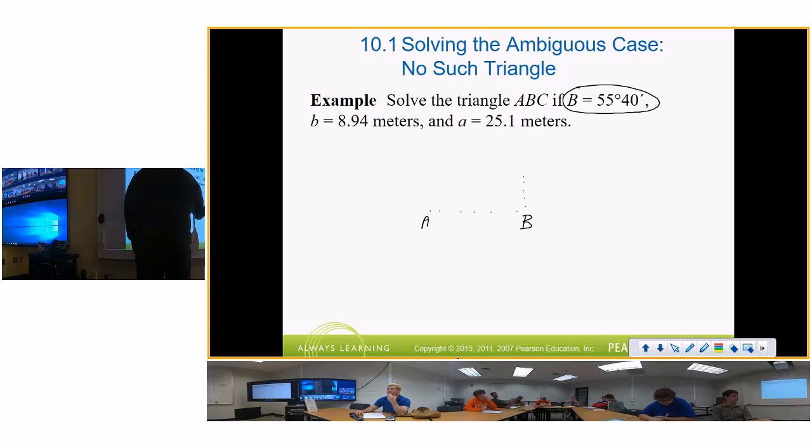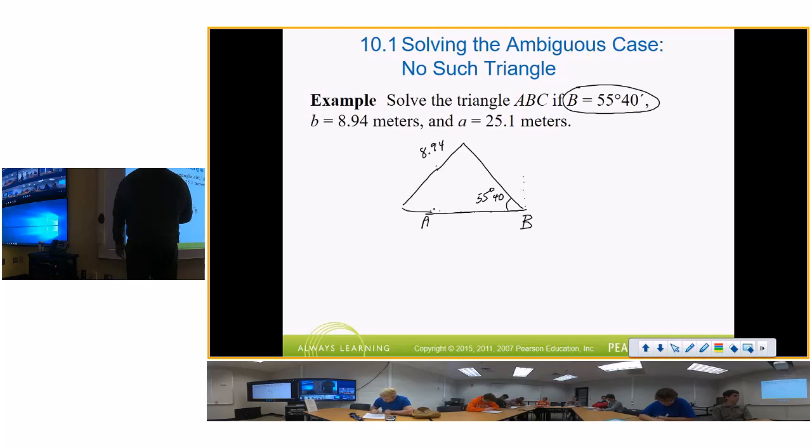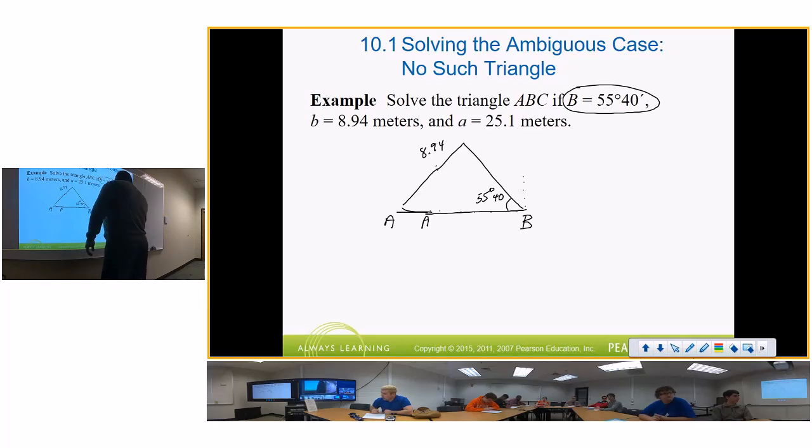So I'm going to divide that, and I'm going to call that angle right there 55°40'. And then therefore, side B right over here is 8.94. Okay, I'm just going to go ahead and draw it and then extend it out here and call that A. Now, I have no idea how it's going to look. But right now, it's called thinking. All right?